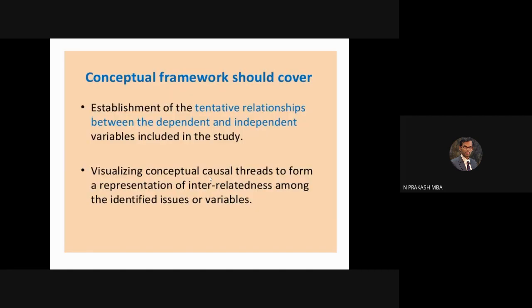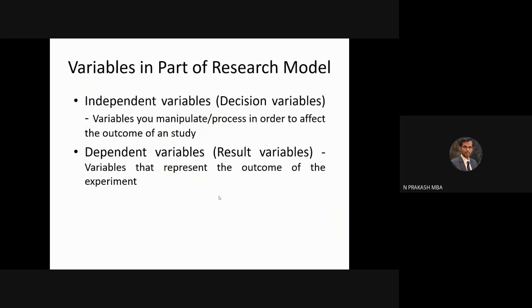So it will establish the tentative relationship between the dependent and independent variable, and it also helps to find the interrelationship between the variables. If you want to assess the interrelationship between the variables, that will be assessed or created by the conceptual framework.